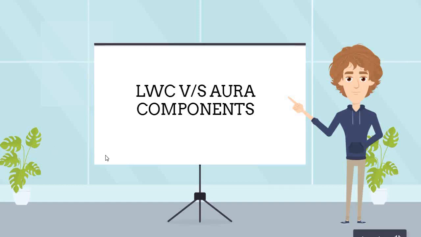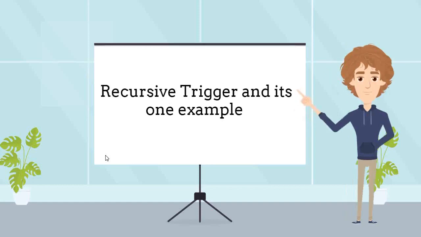So we can answer how Lightning web components overcome the disadvantages of Aura components. You have to prepare both ways: what are the differences, and what disadvantages of Aura components are overcome by Lightning web components.